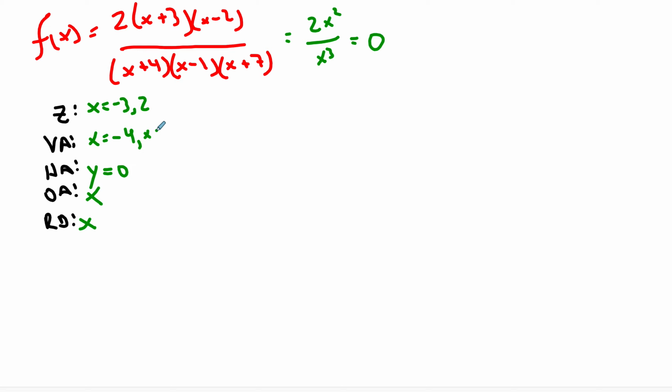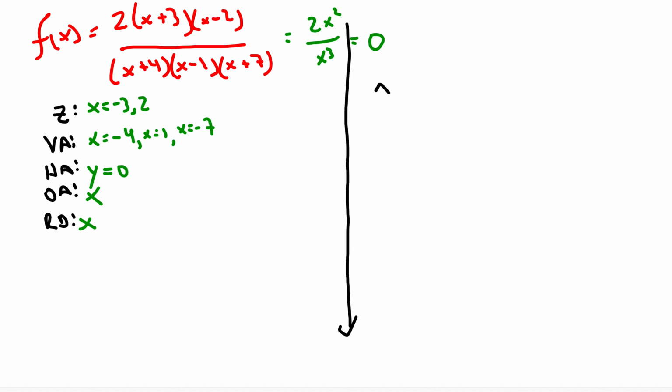The vertical asymptotes are at -4, 1, and -7. Now, the key thing when we're doing this is we want to create sections, or regions, of the graph that will help us keep track of what's going on from one piece to the next.